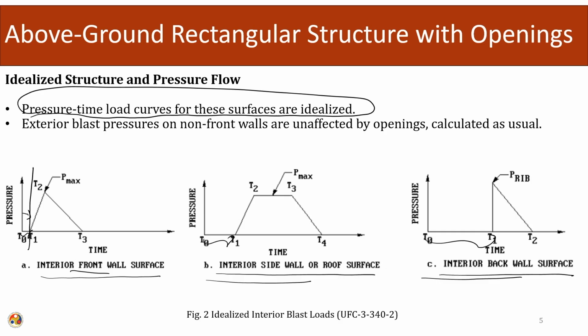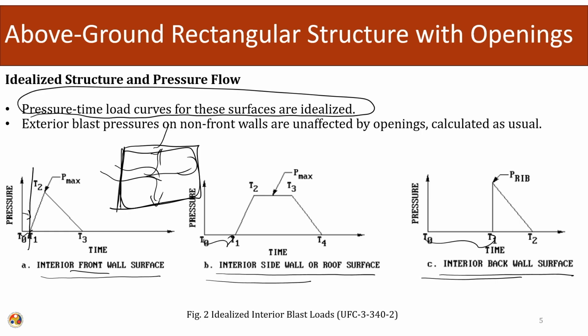What we are trying to say is that since the pressure has entered here, there is a difference between the interior pressure and the exterior pressure. Earlier, since there was no opening, only the exterior pressure was acting.